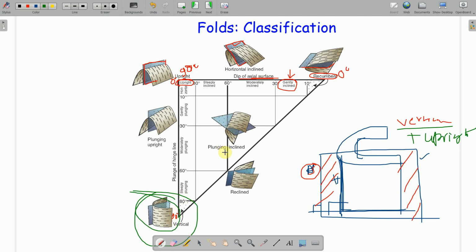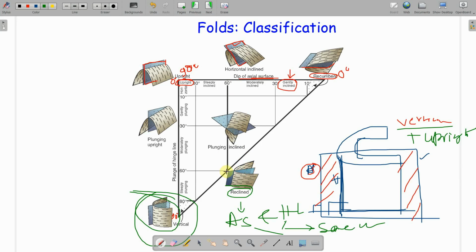Now there is another fold drawn here, that's called the reclined fold. So what do you mean by reclined fold? I have discussed, where the axial surface or the axial plane and the hinge line, for now let's consider it's a straight hinge line, are in the same direction. So these are dipping in the same direction.